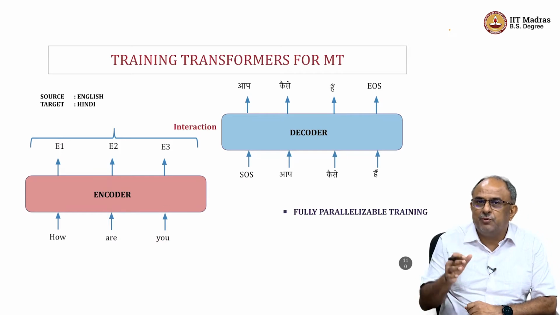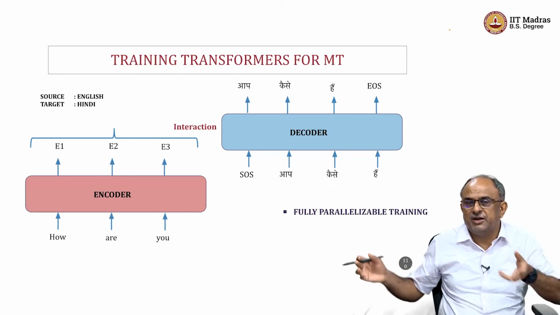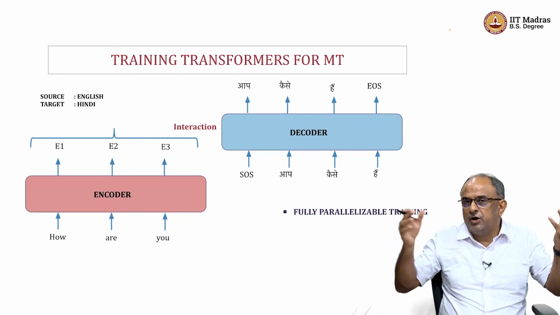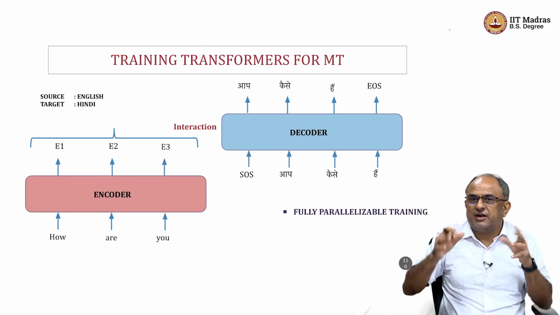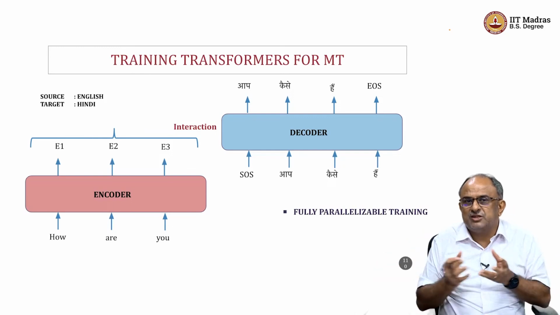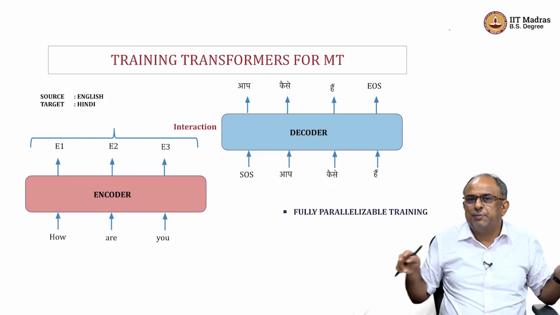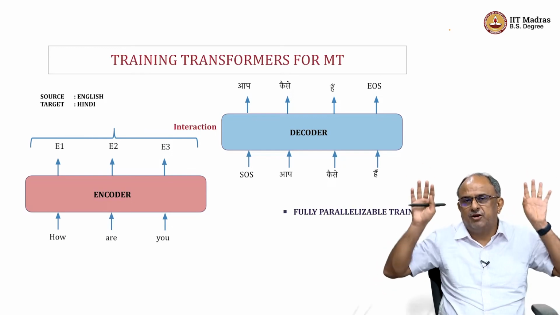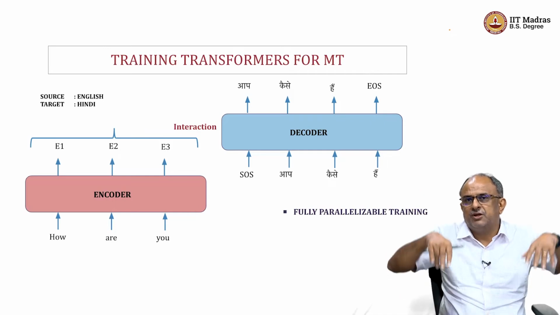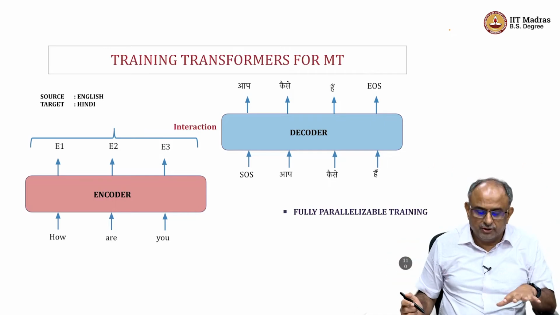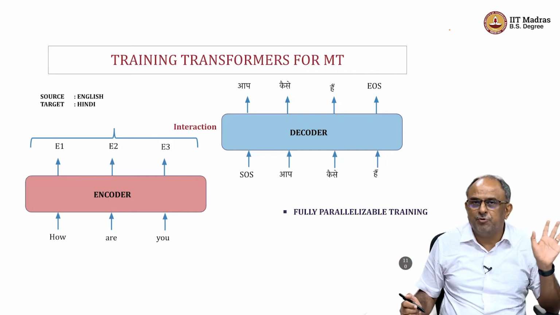The first word and second word and third word, each one of their self attention can go on in parallel, because each has to look at all the other words, the second word has to look at all the other words. So, we just replicate, copy the data 10 times if you have 10 words, and just pass it through, right. So, the encoder is absolutely no problem for parallelization.